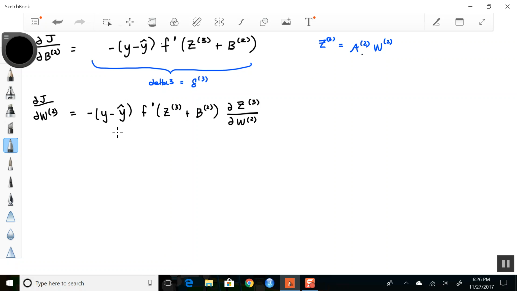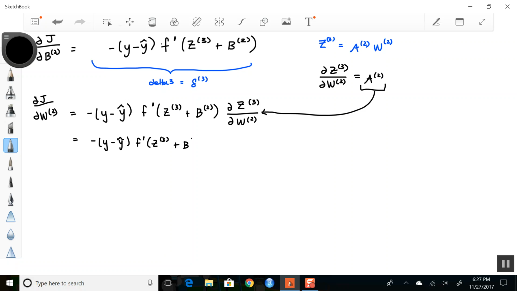Keep in mind that Z3 is A2 times W2, so the way Z3 changes with respect to W2 is going to be A2. And so I can plug this in right there.